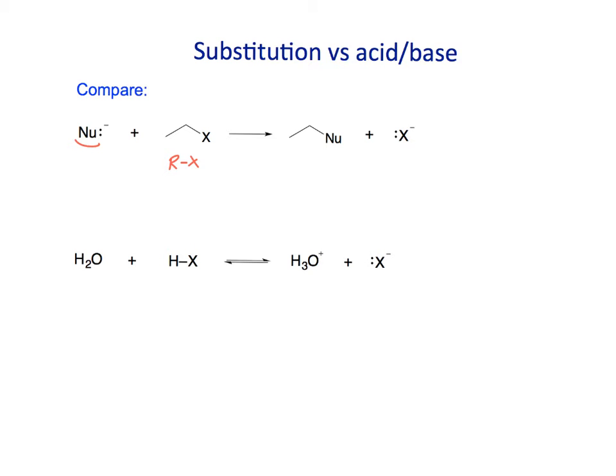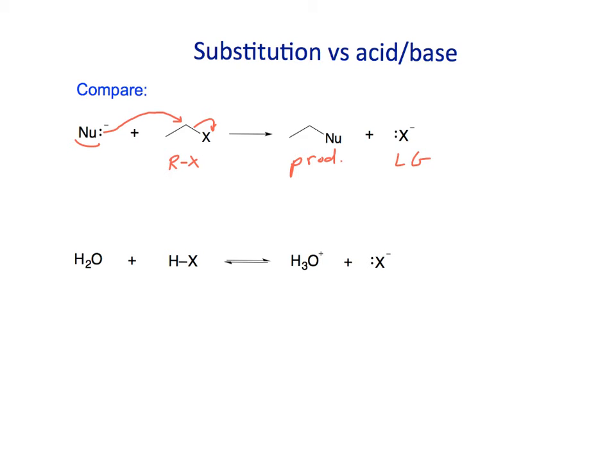In this reaction, the electrons from the nucleophile make a bond to the carbon that bears the halogen, and that halogen leaves, taking the bonding pair of electrons with it. That gives us a product, and here's our leaving group.